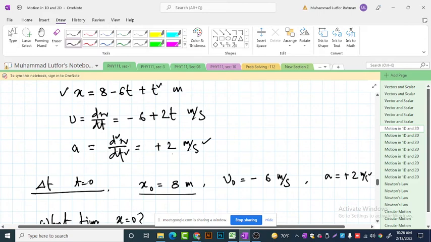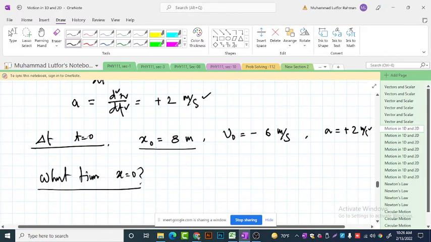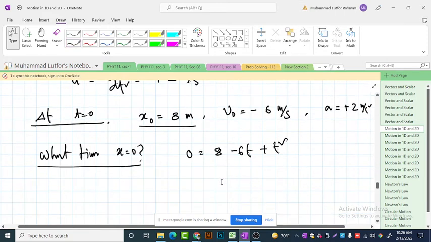If you plug that into this equation, only this equation, then with x equal to 0 it becomes the quadratic equation 8 minus 6t plus t square. At what time would the position be 0? That's when the car would be at the origin of my reference frame. So that's why I plug in x equal to 0 over there.